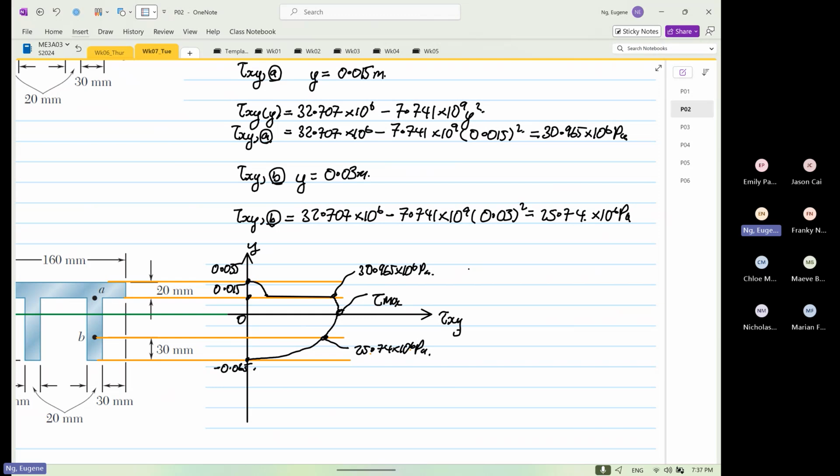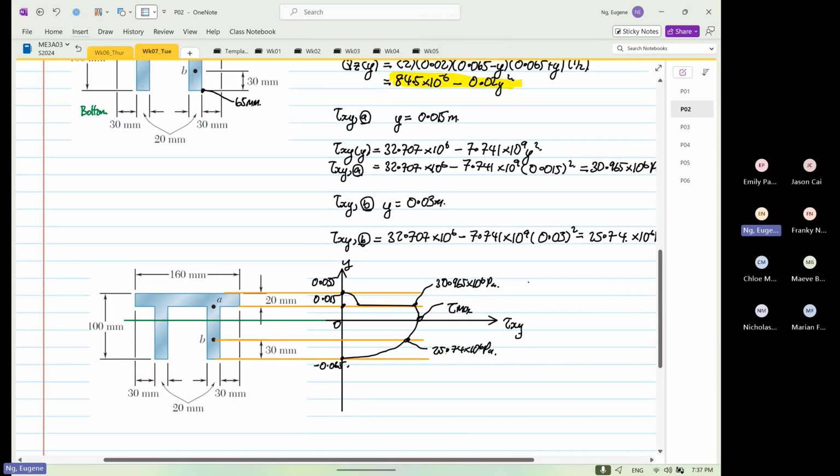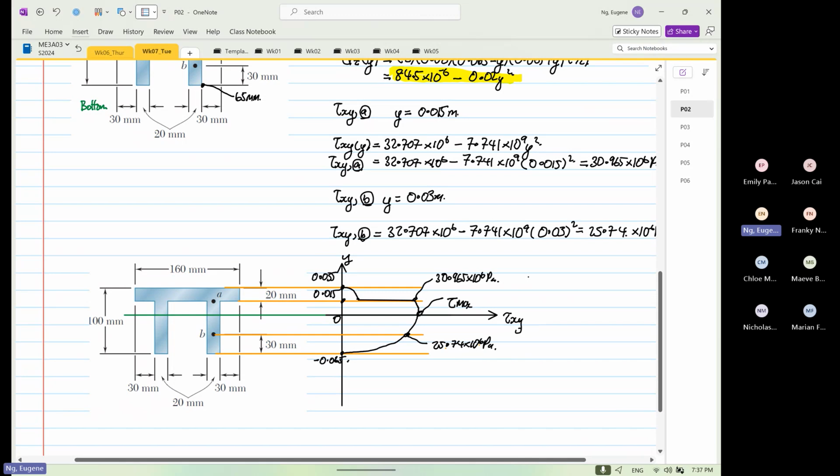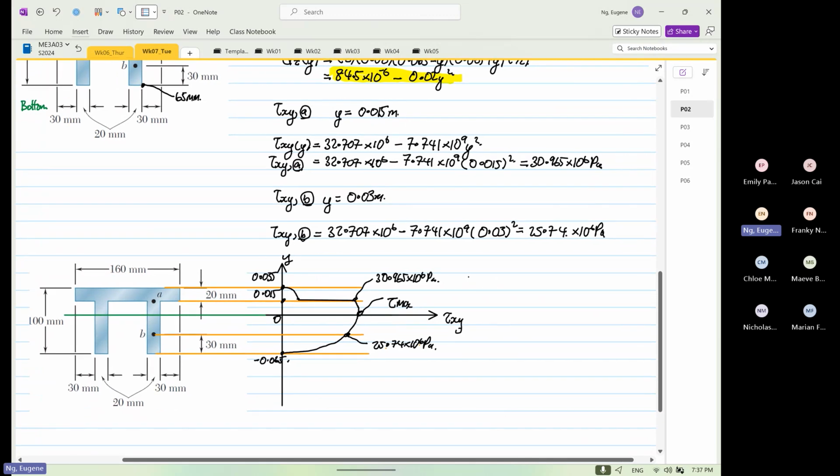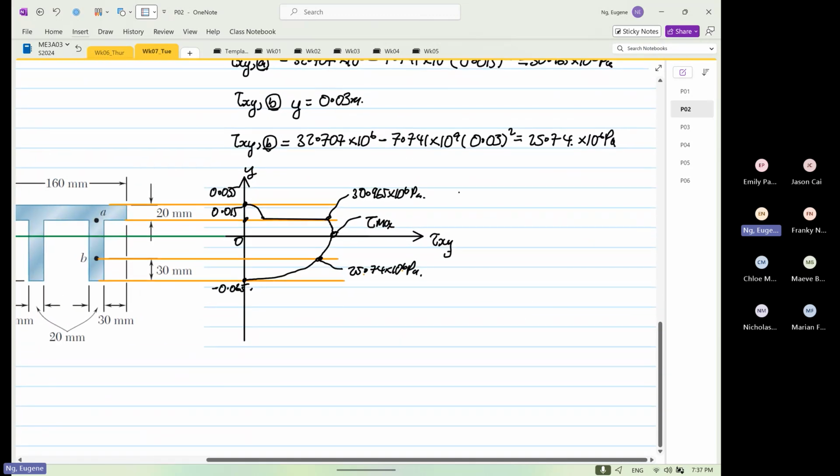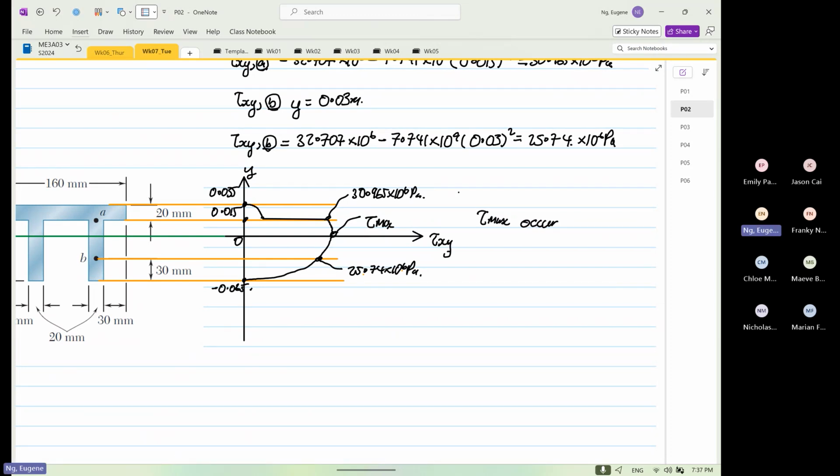Now, this is one unique problem. To conclude on this example, it happened that tau max occurs at the centroid, for this case.